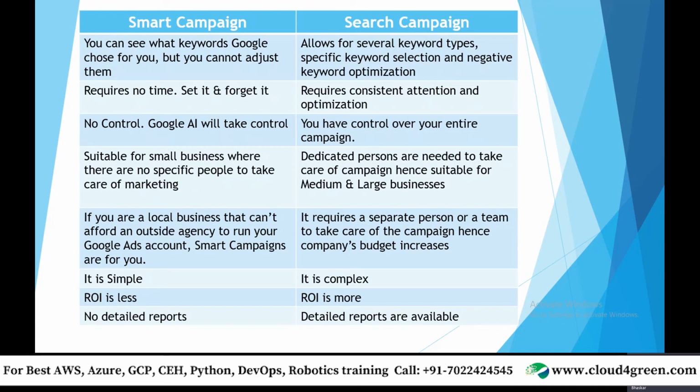But whereas in a search campaign, it will show to the right audiences, the people who are interested in your business. It will show only to those people who are interested in your business. As a result, your number of impressions reduces, therefore CTR improves.